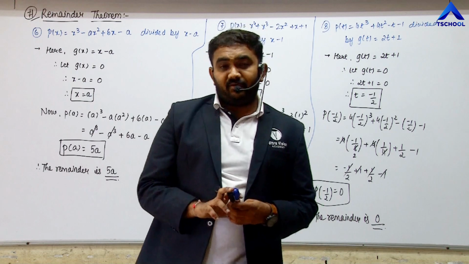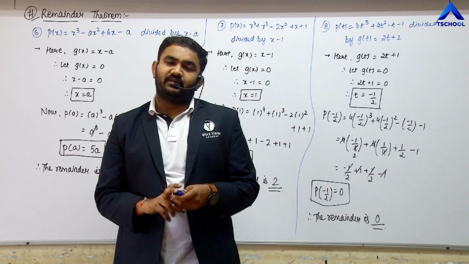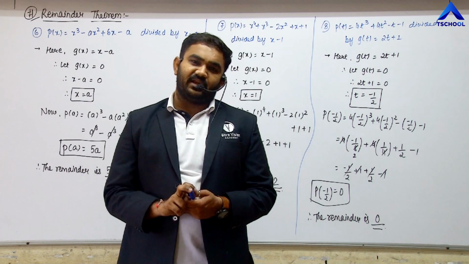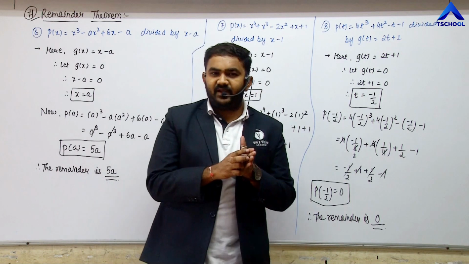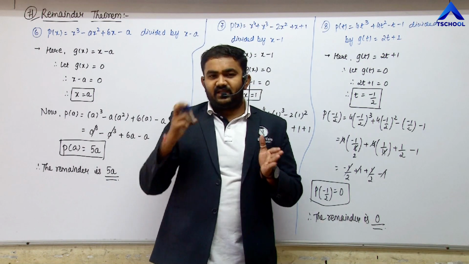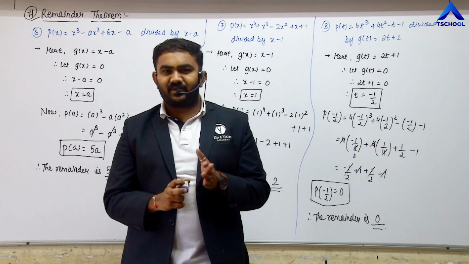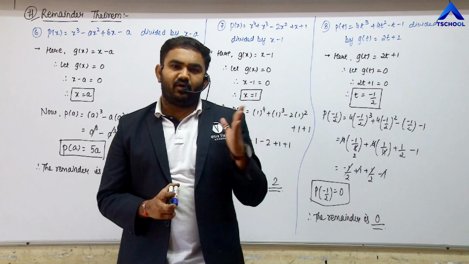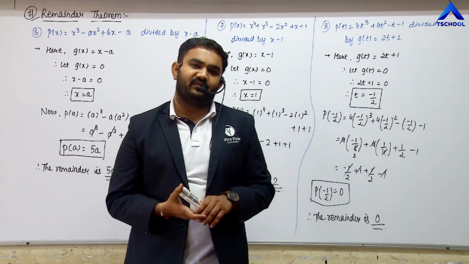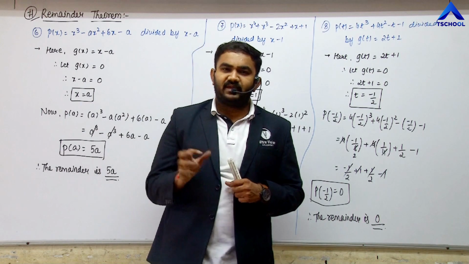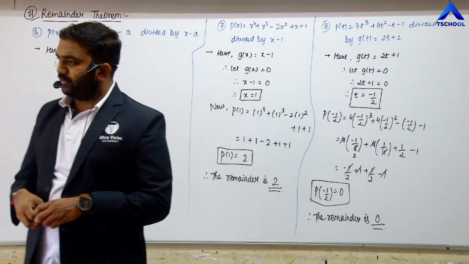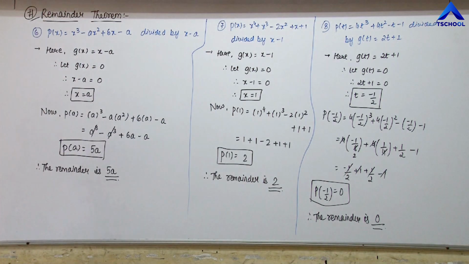Now if p of x is divided by the linear polynomial x minus a, then p of a is the remainder of the polynomial. Is it clear? So that's it about the remainder theorem. So today's topic was the remainder theorem.